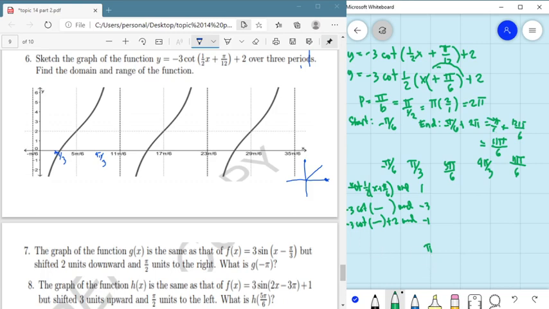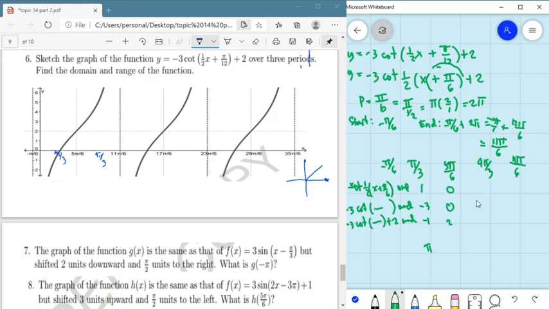So here at pi over 2, your cosine over sine is, cosine is 0 and sine is 1. Your cosine at pi over 2 is 0 and your sine is 1. So 0 over 1 is 0. And then, we have 0 plus 2 is 2.